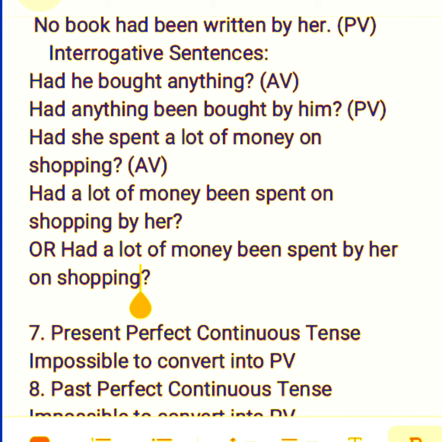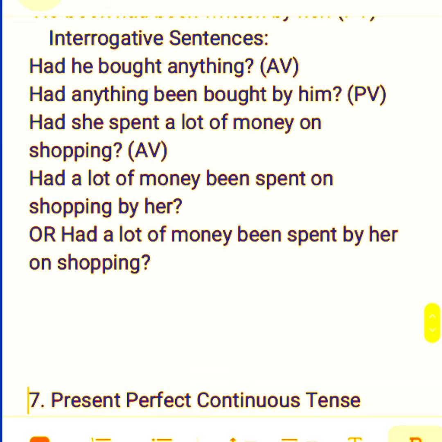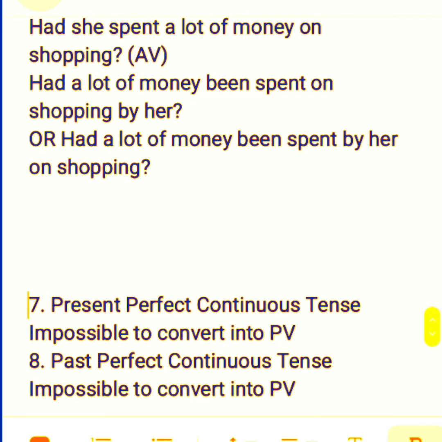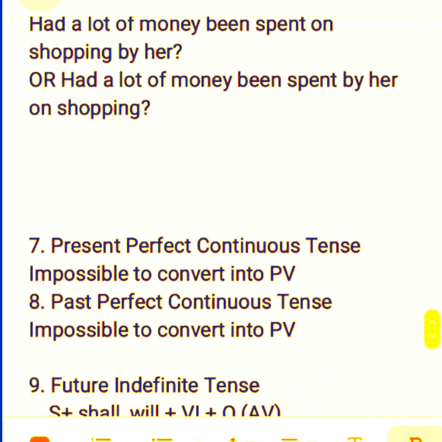Okay, so now we have learned these tenses and the passive voice. Now in the next video we have to learn the rest of the tenses that are left out here. They are the future tenses, okay? Because number 7 and number 8 are not possible to convert into passive voice. They are impossible.